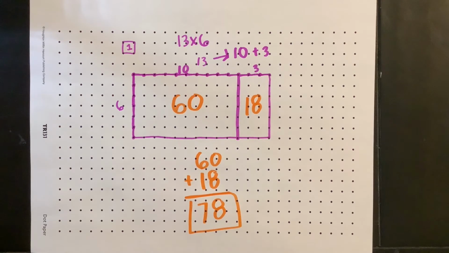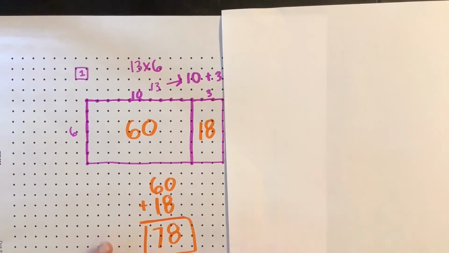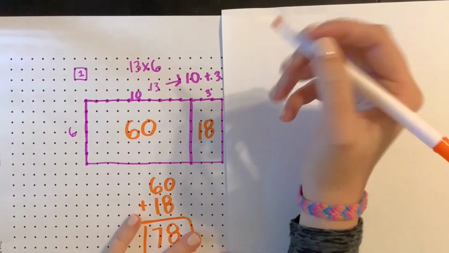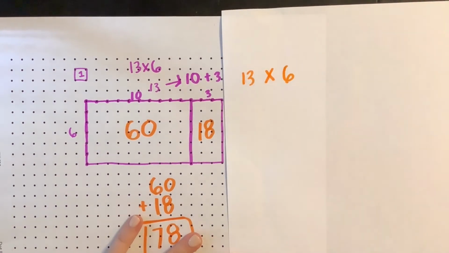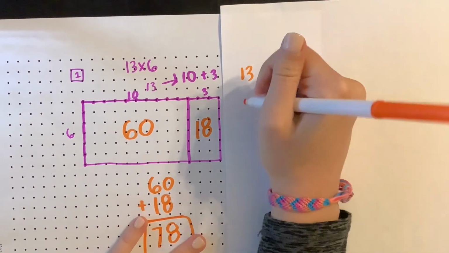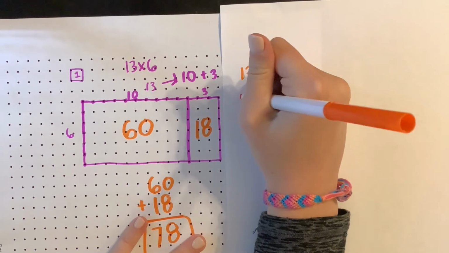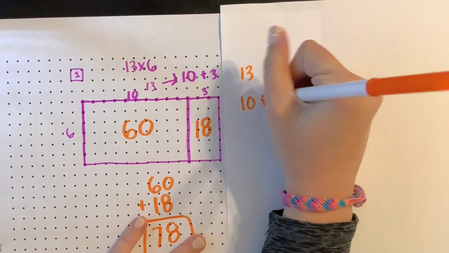Now this is a little bit different than what we've been doing earlier last week. So let's break this problem down a little bit. We had the problem 13 times 6. We took this 13 and we rewrote it. 13 is the same thing as 10 plus 3.